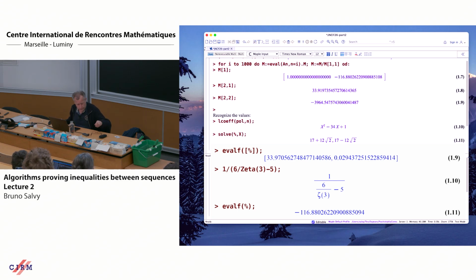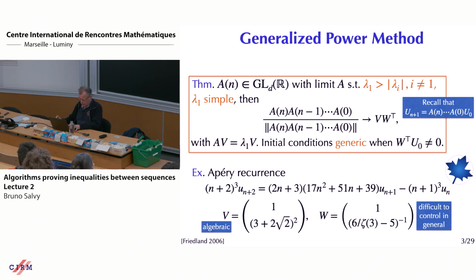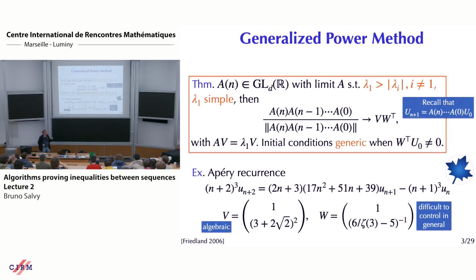Okay? So what this means, apart from the fact that Maple's interface is not so nice, is that for the vector V, we have complete control, and the coordinates are algebraic numbers, and life is nice. For the other one, we don't really know in general.